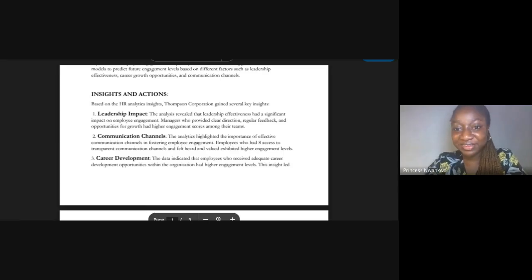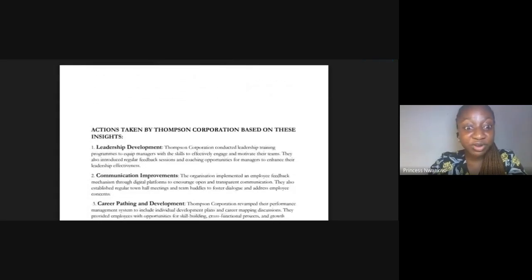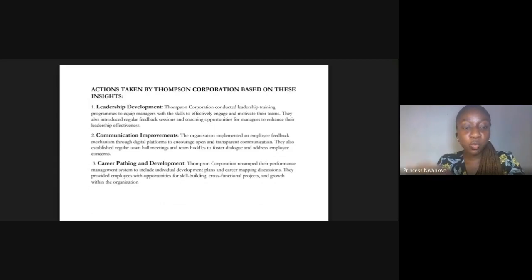Okay, so based on whatever everyone has shared, really wonderful ideas, this is what Thomson Corporation did. They conducted leadership training programs to help their managers with the skills they need to effectively engage and motivate their teams. For communication, one of the things they did was to implement a feedback mechanism through digital platforms to encourage open and transparent communication.